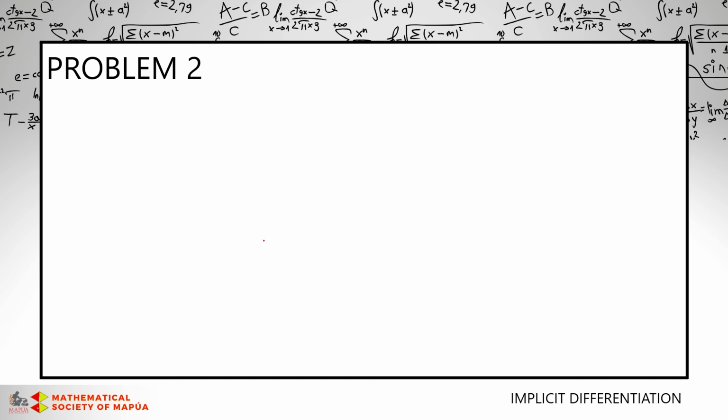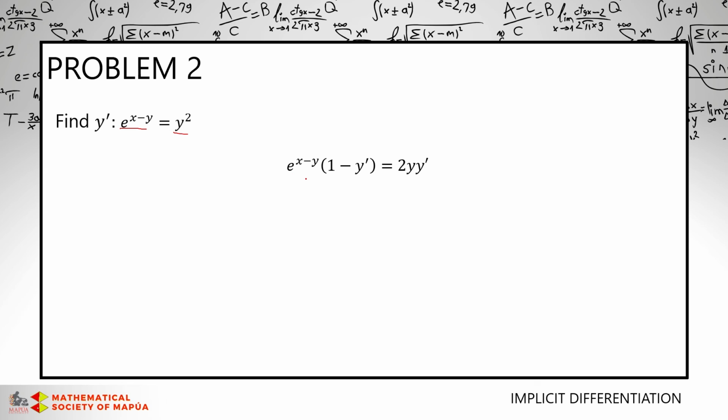Okay, so for our second problem, we have e naman, lagyan natin ng exponential. E raised to x minus y is equal to y squared. So again, differentiate natin siya per term. In this case, we only have two terms, this one and this one. So, for the e, again, ang recall natin, ang formula for differentiating e raised to u is e raised to u du.